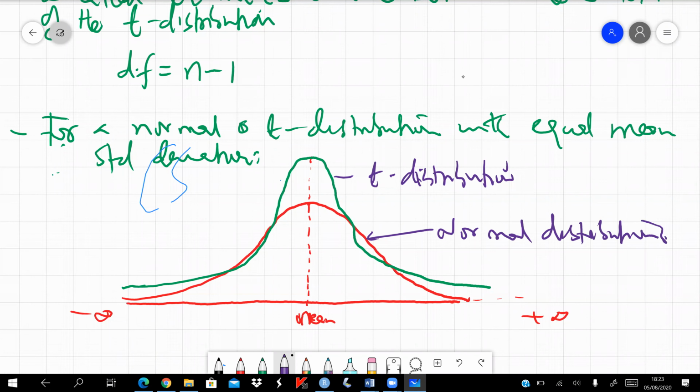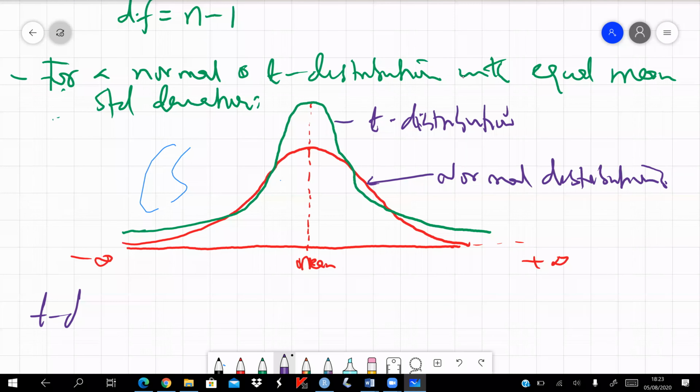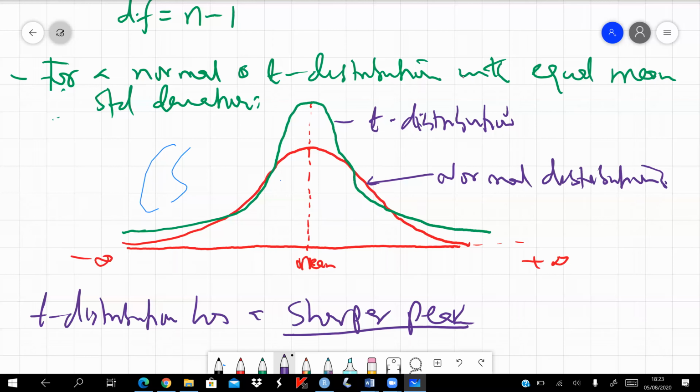So the shapes are almost the same. The only difference you will notice is that the t distribution has a sharper peak. So the peak at this point here is a bit sharp compared to this one, which is a little bit flat. And it has a sharper peak and higher, or fatter, tails.